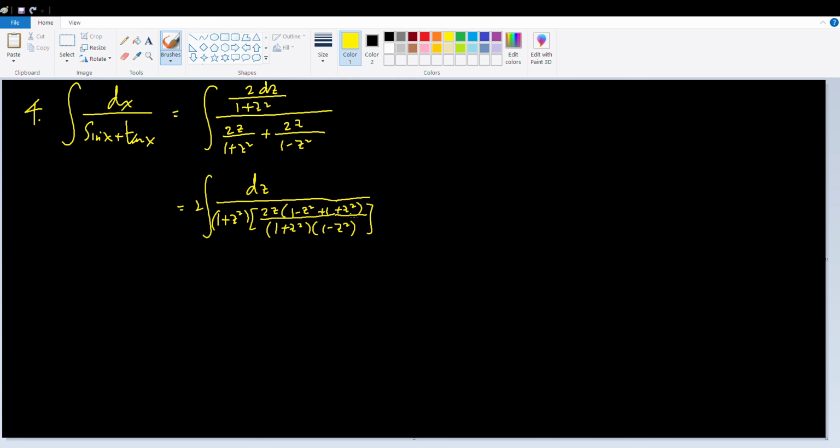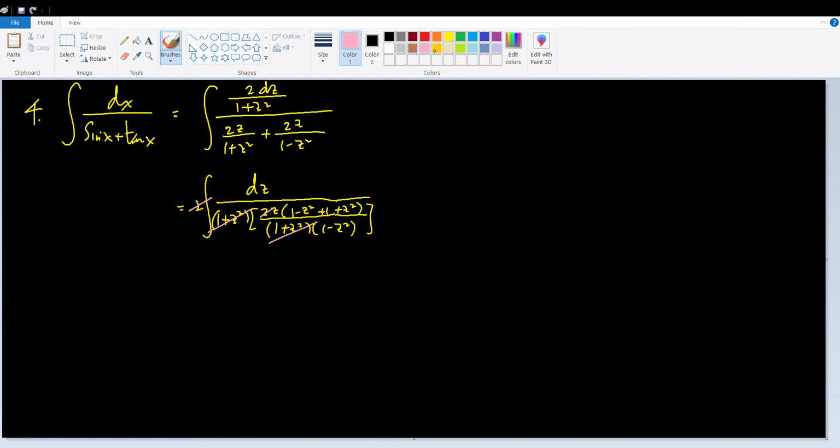What happened in the denominator is this: we factored 2c and then combined 1 over 1 plus c squared and 1 over 1 minus c squared. So the least common denominator will be the product. Before we proceed, we cancel first 1 plus c squared. We can also cancel the 2.